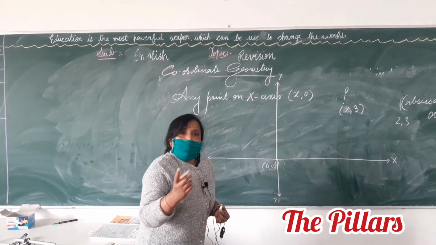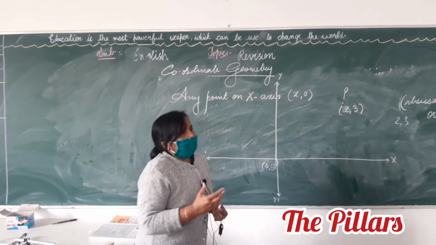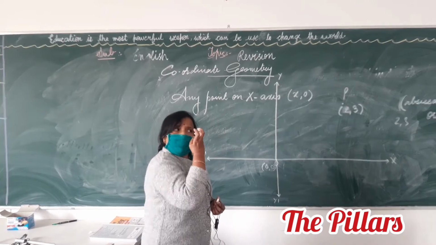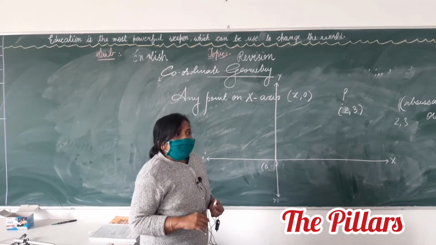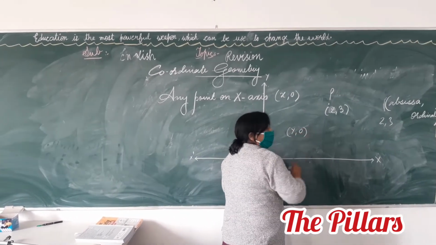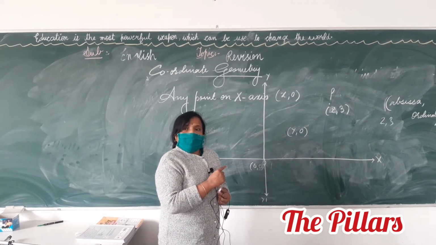Then tell me, what will be any point on y-axis? Y comma 0. Stand up. No. Why did you say this? Is it correct? No, ma'am. What is the order?